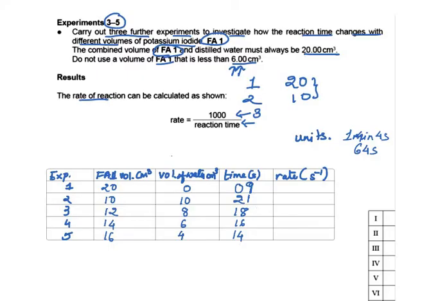Now the rate is what is given here. That's the formula we have to apply. So if we calculate, divide all the time by 1000, 1000 divided by the time, we get the answer in the first as 111.1 per second.